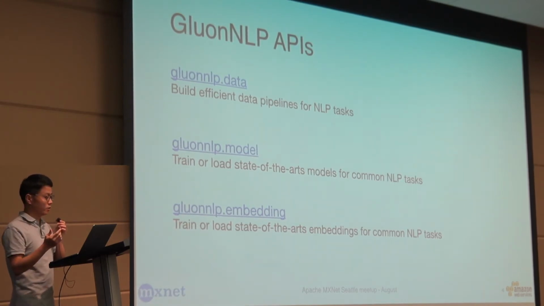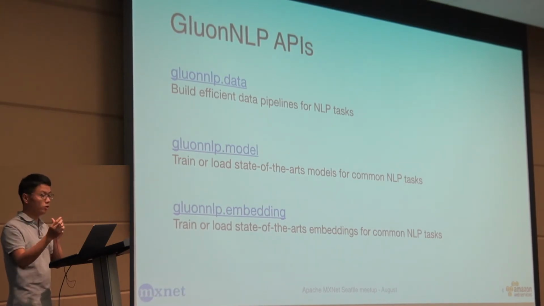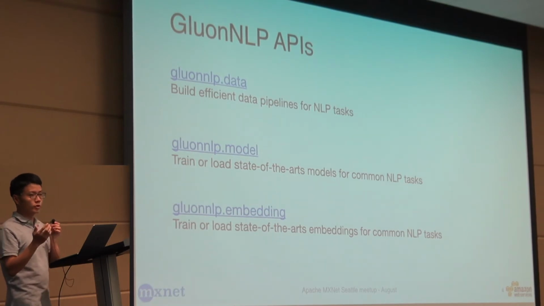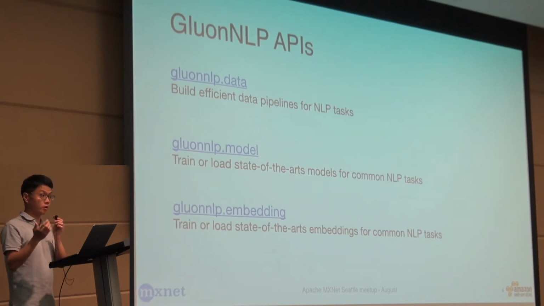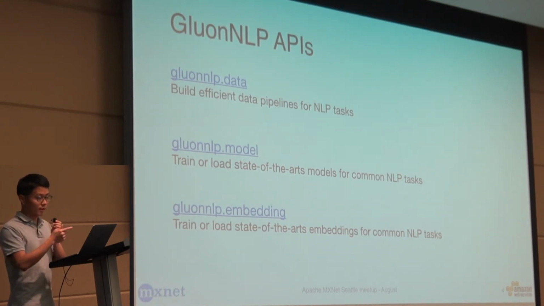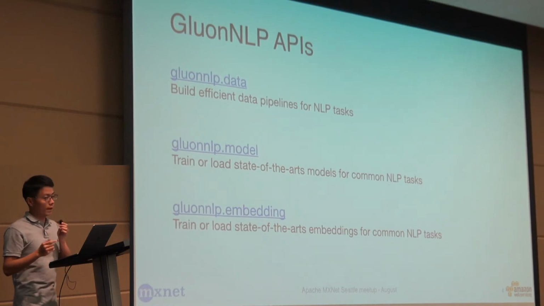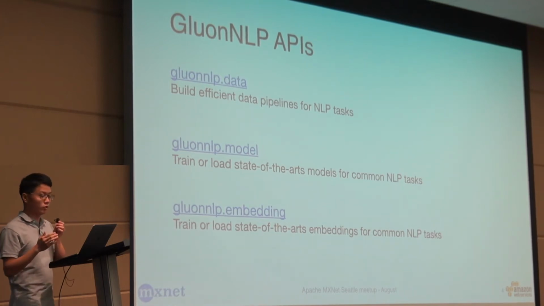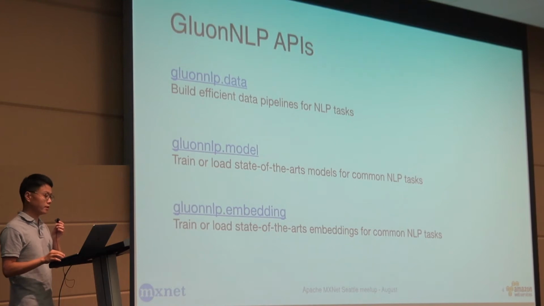So we designed this model API for you to define your model, train your model, and load pre-trained state-of-the-art language models, for example machine translation models, which already exist in the model zoo in GluonNLP. We have lots of pre-trained models for many common NLP tasks as well.